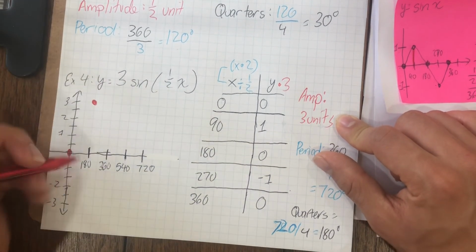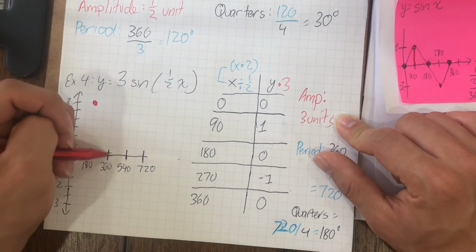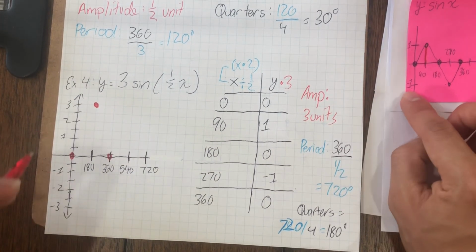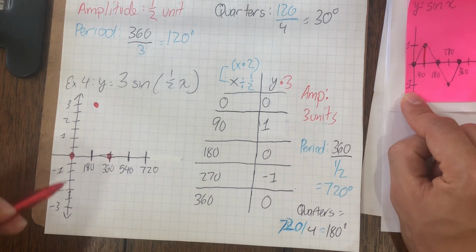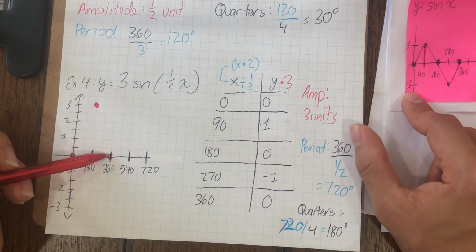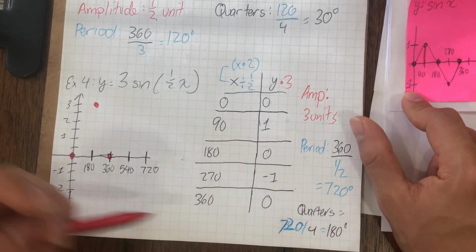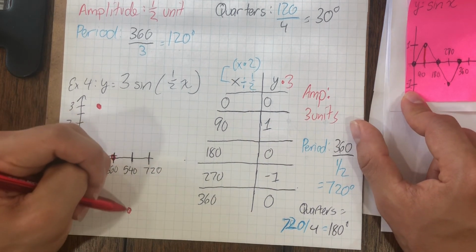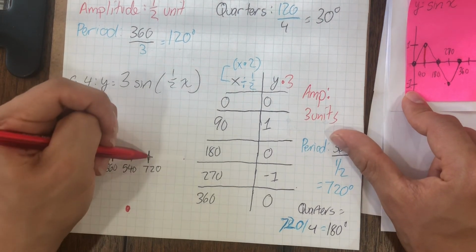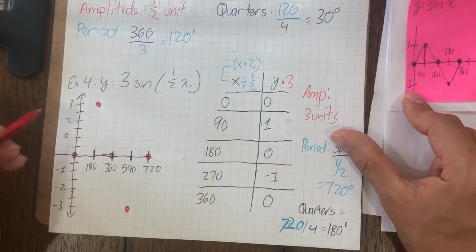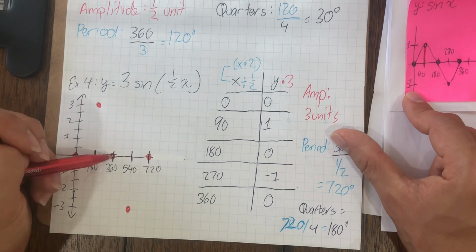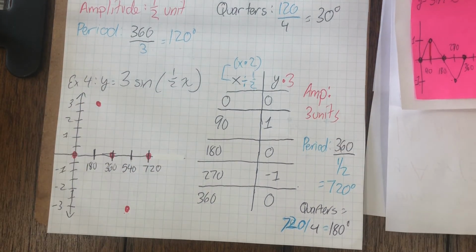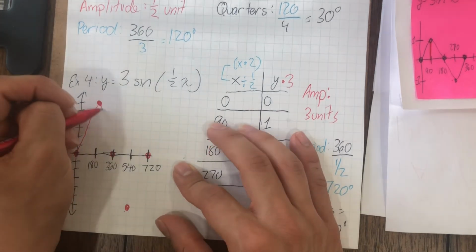All right, and then max to mid, then mid to min. And originally my minimum was -1, and now since my amplitude is 3, it's gonna go from -1 all the way to -3. And then to mid. So we got mid, max, mid, min, mid. All right? And I'm gonna go ahead and connect my points.